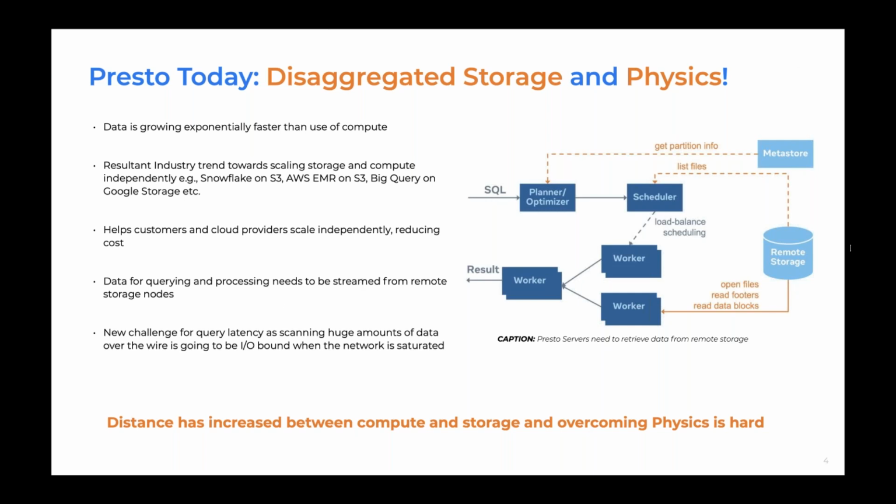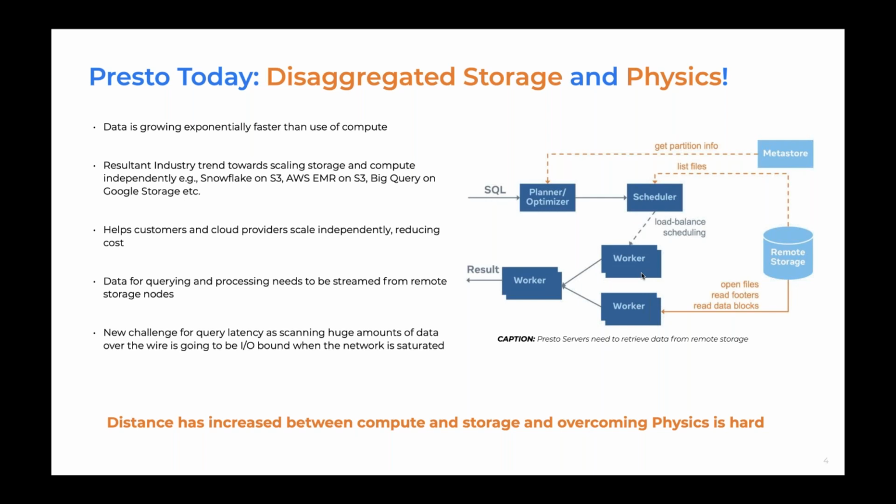When you are looking into the architecture, this is like a brief architecture. So what happens, when you get the SQL, you have the planner and optimizer. You connect to Metastore to get partition information. That's your network call, which is not cheap. Planner sends this partition information to scheduler. Scheduler accesses the remote storage, warm storage in case of Facebook, to get the list of files. This is not a cheap operation.